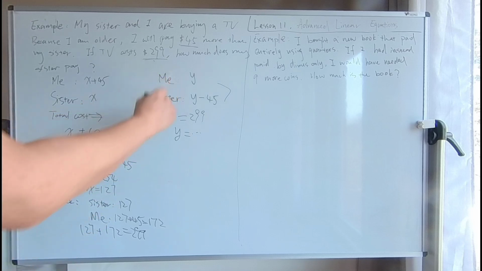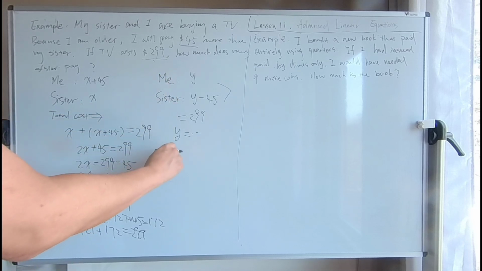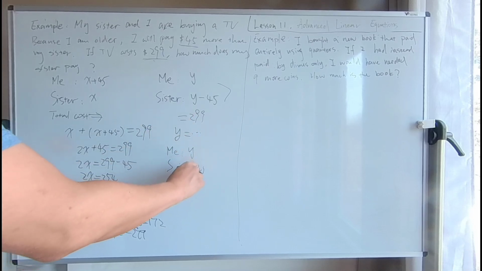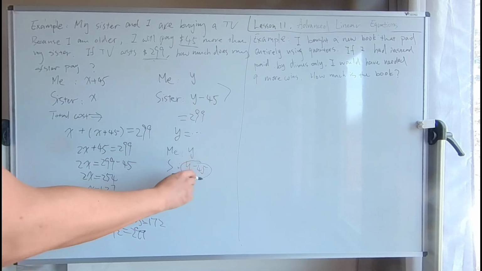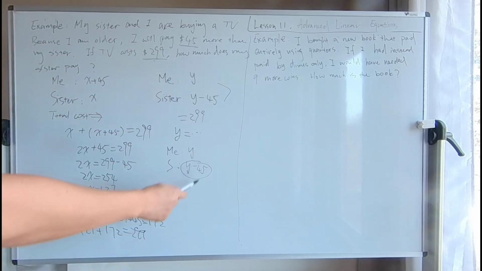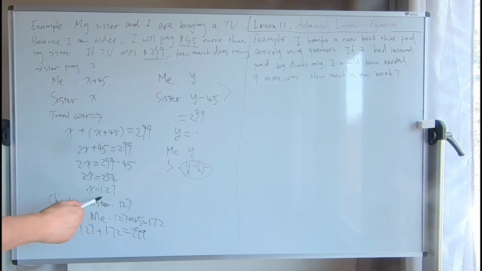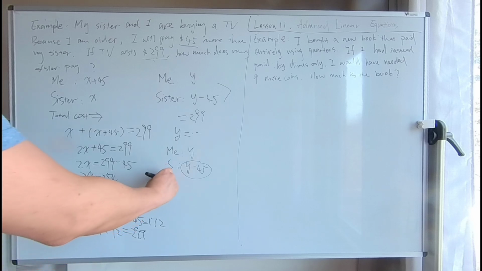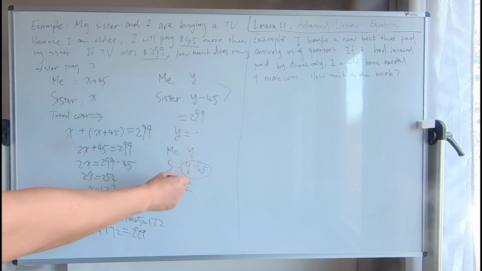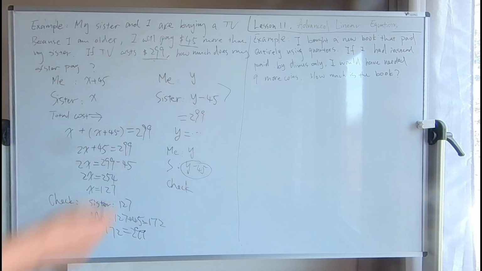Then if you solve for y, my payment is y, my sister's payment is y minus 45, and y minus 45 will be the answer to this question. Hopefully you get the same quantity as 127 over here. You should also be able to check the result by putting it back into the word problem.